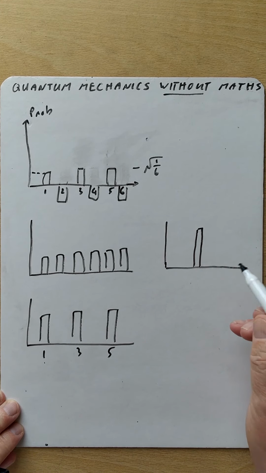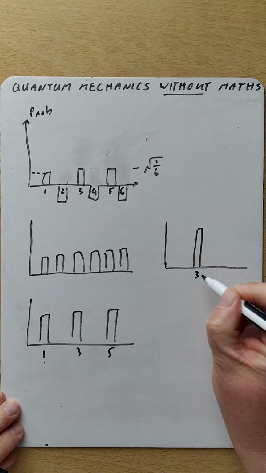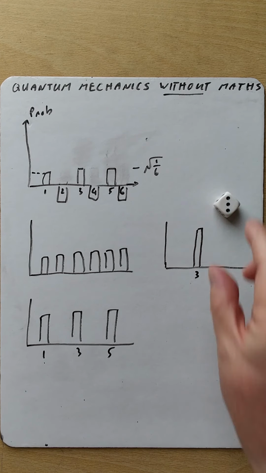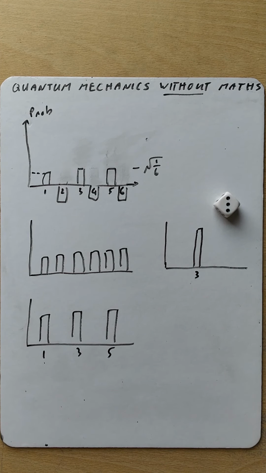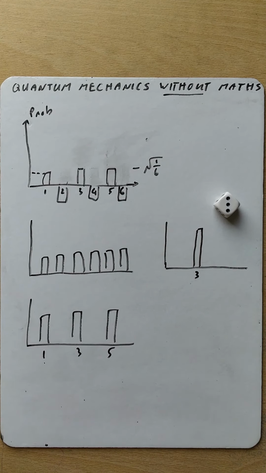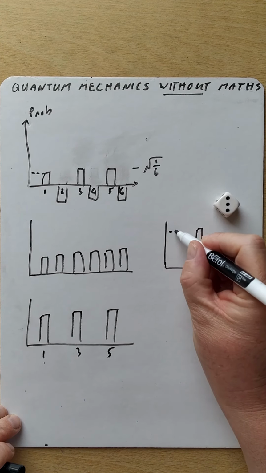So say the state for the dice showing the value 3. When the dice is in that state with the 3 face up, the probability of 3 is 1, and the probability of all other states is 0.